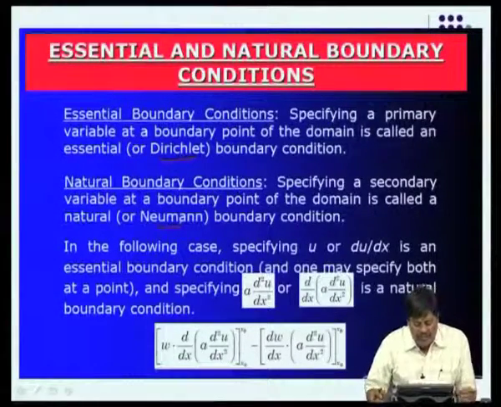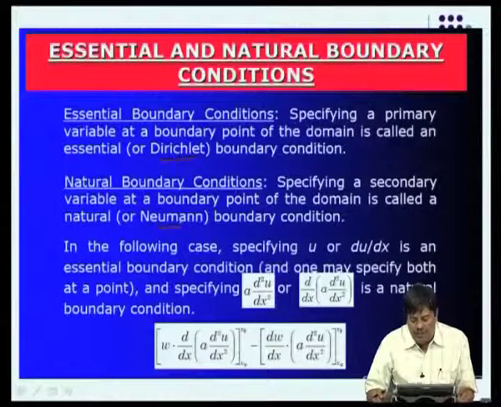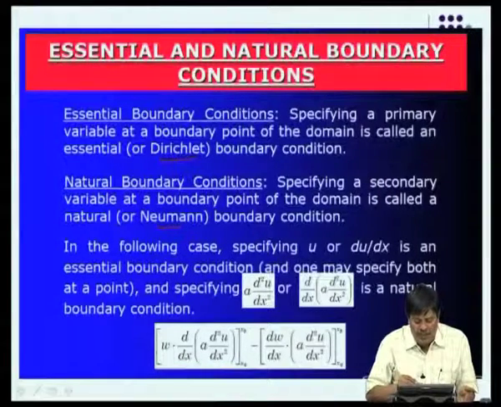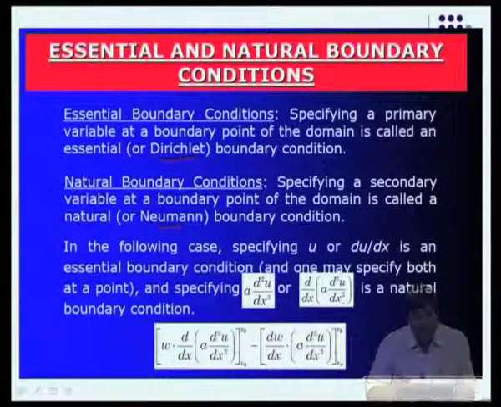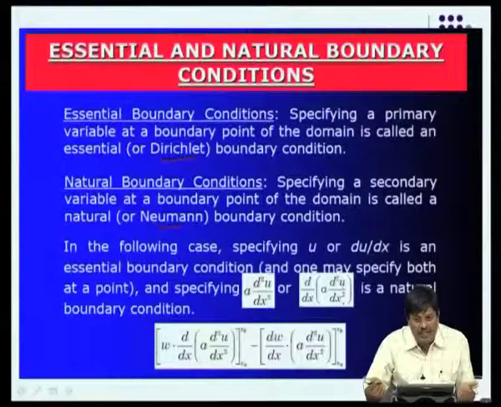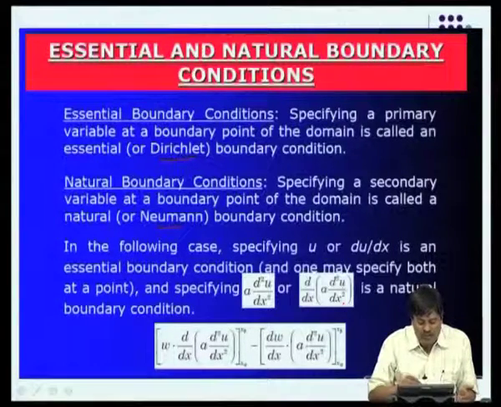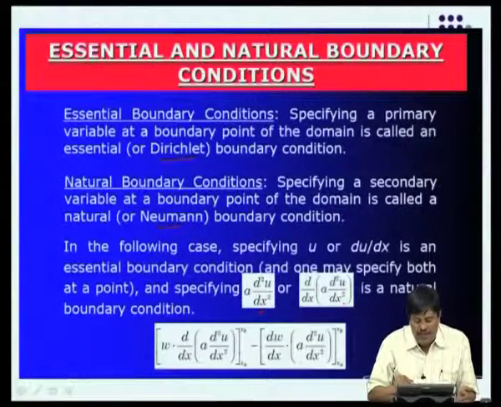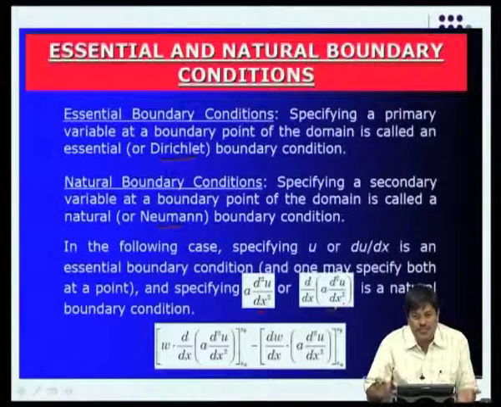So, in the following case, specifying u or du by dx is an essential boundary condition, and specifying A d square u by dx square or A d cube u by dx cube is the secondary variable. In the case of a beam, each has a physical meaning. A d square u by dx square is the bending moment, and A d cube u by dx cube is the shear force.